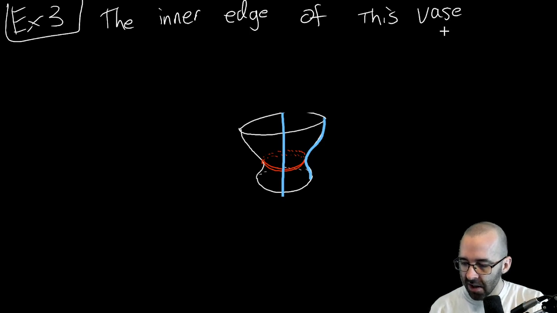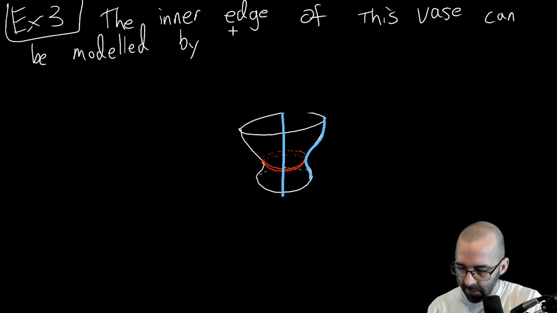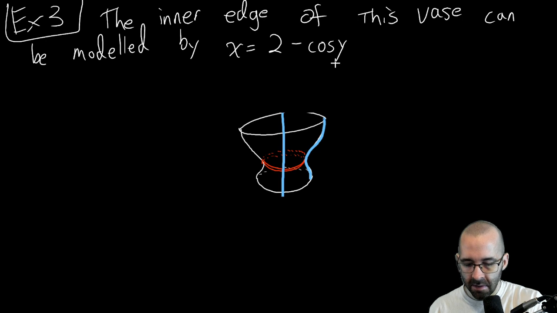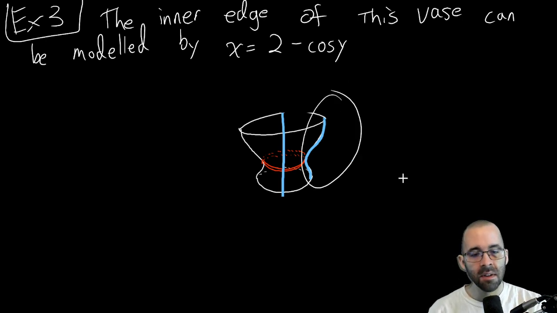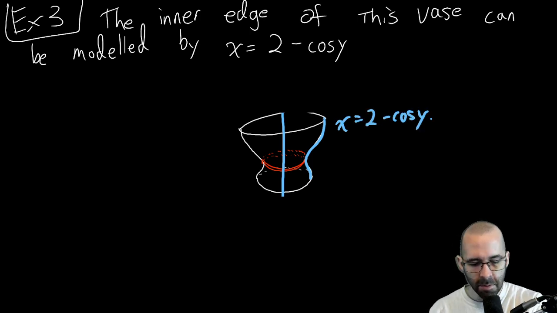The inner edge of this vase can be modeled by the function x equals 2 minus cosine of y. So that's the graph of this blue side. If this is the y-axis, then this blue side right here is just x equals 2 minus cosine y. No period.